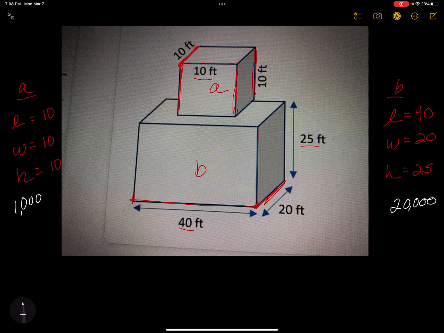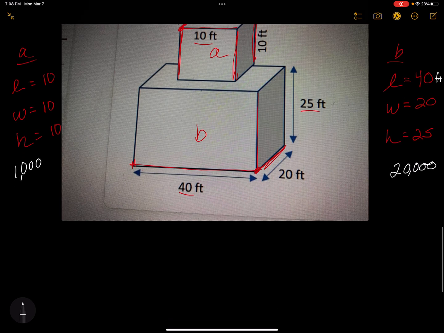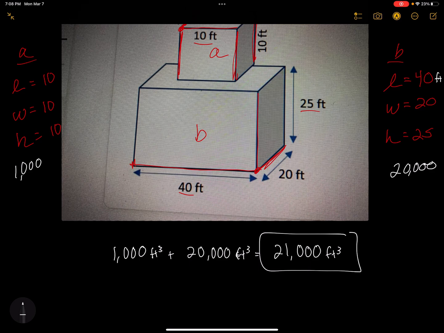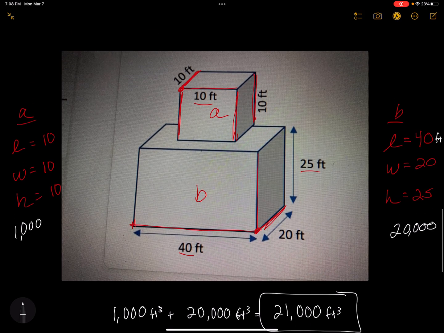And these are all in feet, by the way. So let's add them up. We have 1,000 cubic feet plus 20,000 cubic feet equals 21,000 cubic feet. That is our solution for this one.